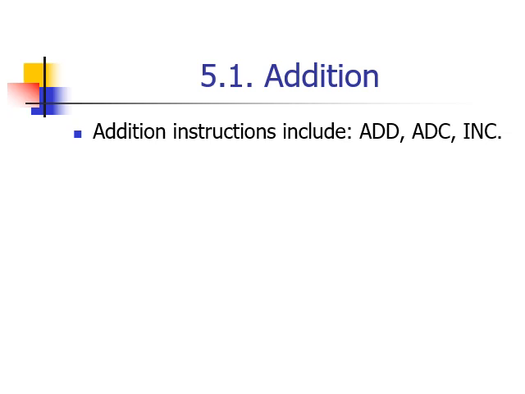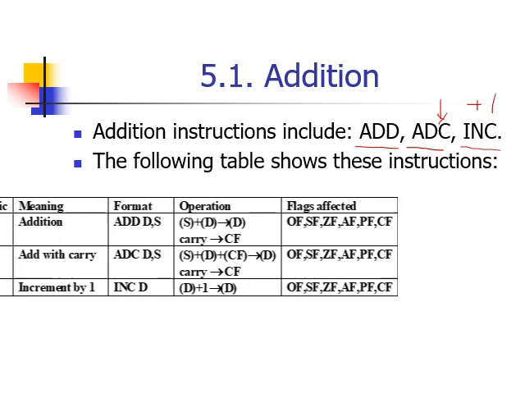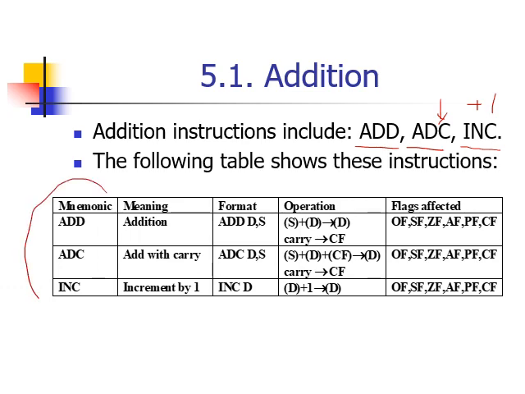There are three forms of the addition. You add two numbers, you add with carry two numbers, or you increment a number by one. And here are the mnemonic codes of these three instructions. For example, ADD: you have to specify a destination and a source.